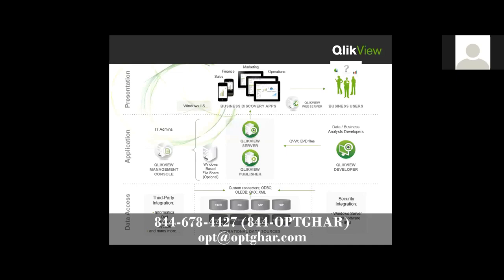We have QlikView server, QlikView publisher, QlikView developer in this layer, and the IT admins who take control of all the apps: who should see what, the licensing, the performance tuning, everything is controlled in the application layer.